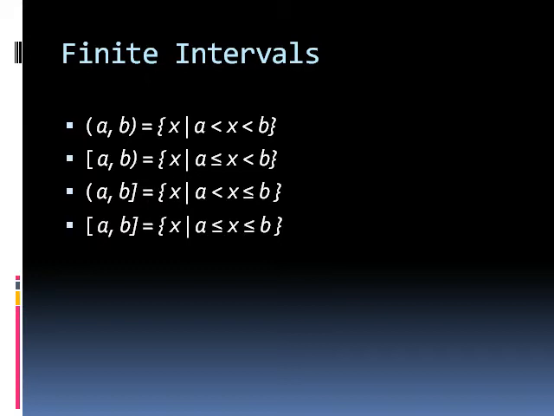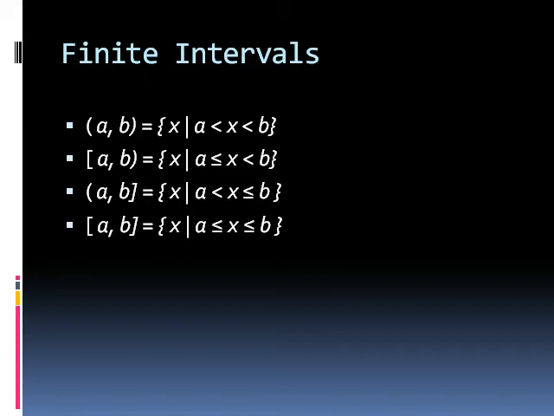Now, for any of the square brackets next to those numbers, either a or b, it means that the variable can be equal to that number. So in examples 2, 3, and 4, you can see that it is greater than or equal to, or less than or equal to, depending on where the square brackets are in the convention on those finite intervals.